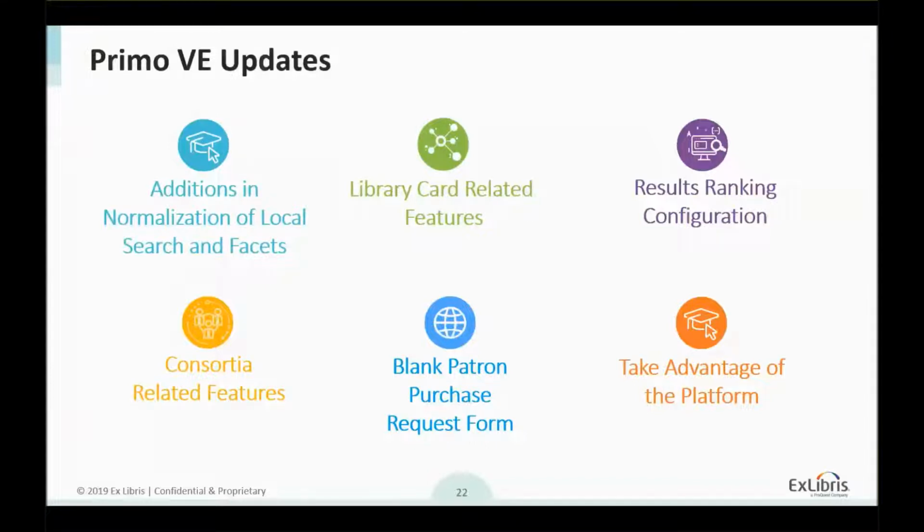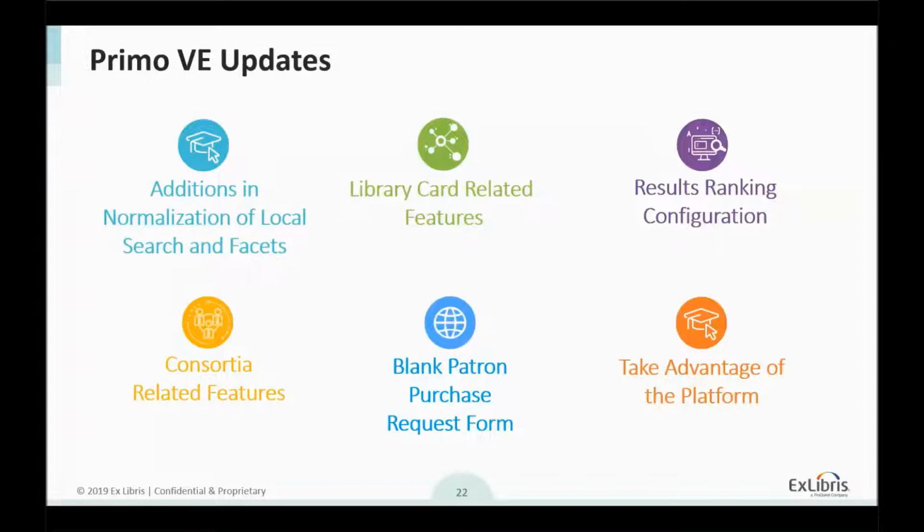So the first feature that I would like to show you is the new additions in the normalization of local search and facet feature. I will talk about that. We have features related to the library card.